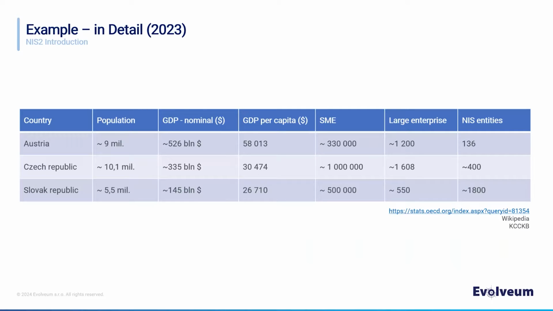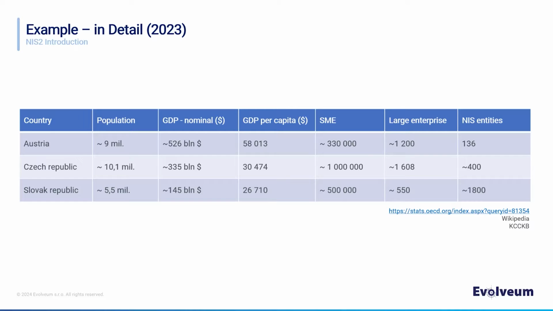If you look a little bit closer at data from 2023, we can see Austria, Czech Republic, and Slovak Republic. Austria is the richest, Czech Republic is the biggest by population and has the largest numbers of SMEs and large enterprises, and Slovak Republic is the smallest by population and also by GDP, but it has the highest number of operators of essential services.